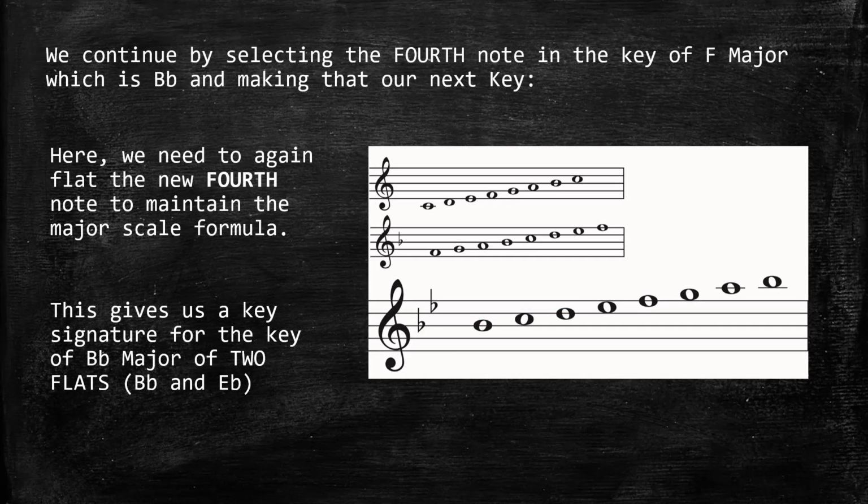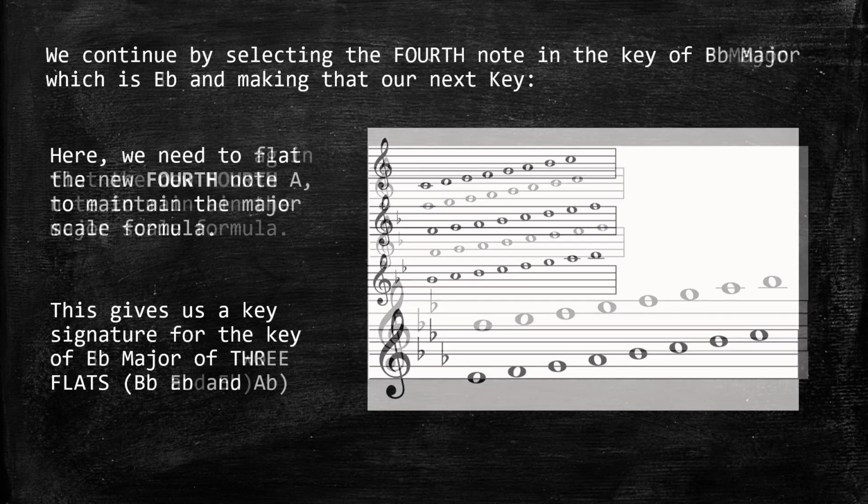We continue by selecting the fourth note in the key of F major, which is B flat, and making that our next key. Here we need to again flat the new fourth note to maintain the major scale formula. This gives us a key signature for the key of B flat major of 2 flats, B flat and E flat.